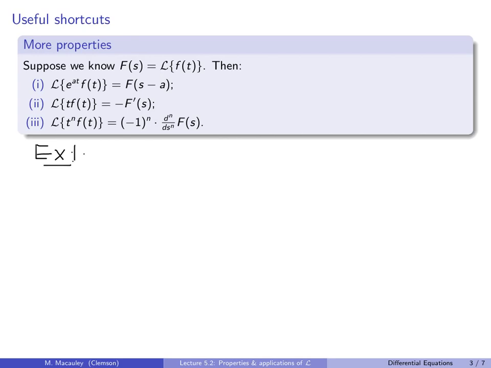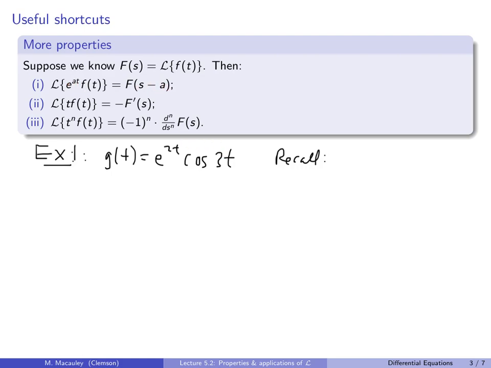Let's say example 1. Let's say that g of t is e to the 2t times cosine of 3t. So recall from the previous lecture, or any table of Laplace transforms, let's use this first formula.